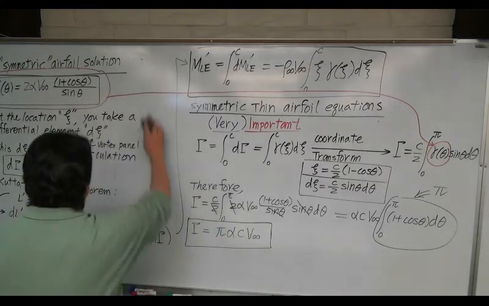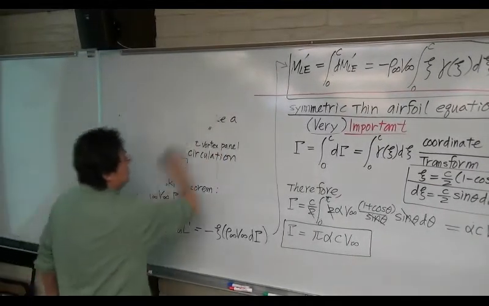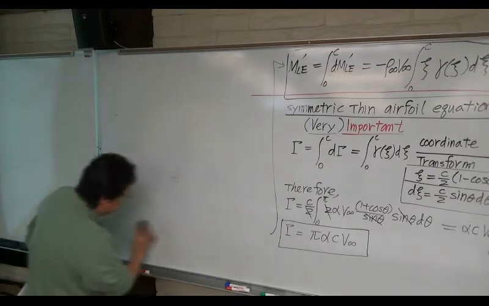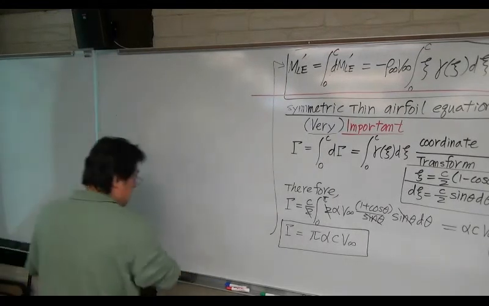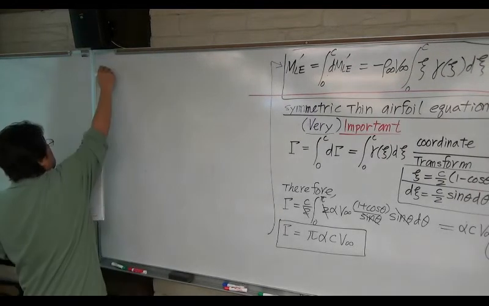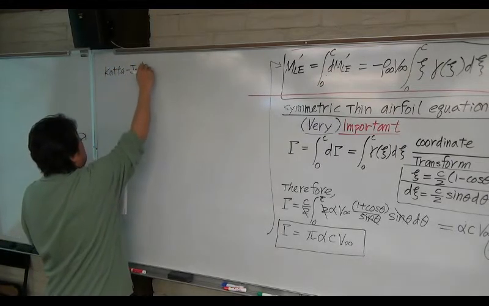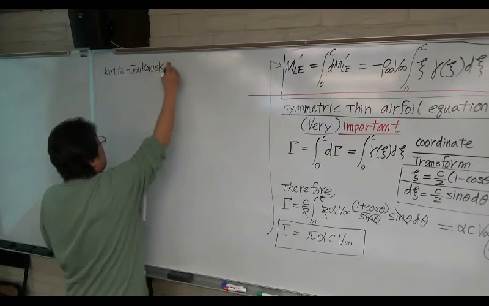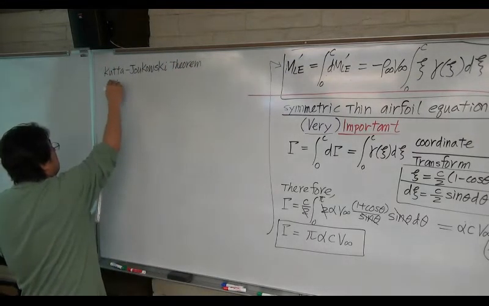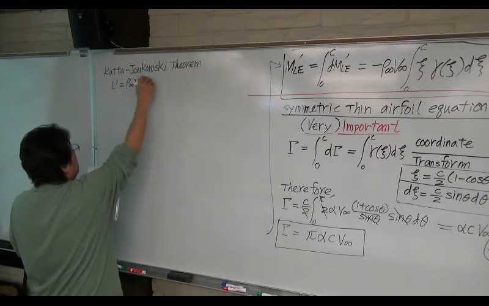Now, once you know the circulation, the next thing is, of course, you can determine lift coefficient, because Kutta-Joukowski relates circulation to the lift. So next step is Kutta-Joukowski, right? Kutta-Joukowski theorem relates lift per unit span as rho v gamma.